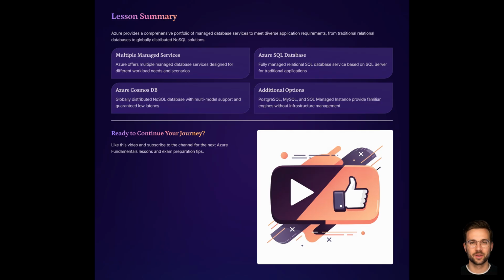You also learned that Azure offers managed database services for engines like PostgreSQL, MySQL, and SQL Server managed instance, so you can use familiar databases without managing the underlying infrastructure. These database services are key components for building modern, data-driven applications on Azure.